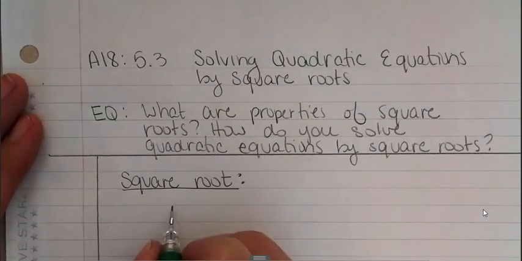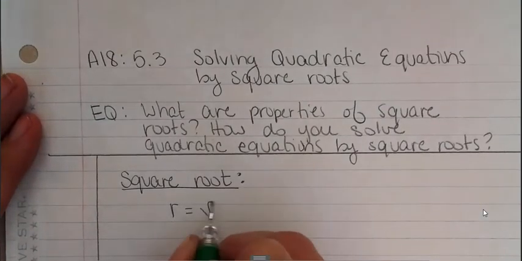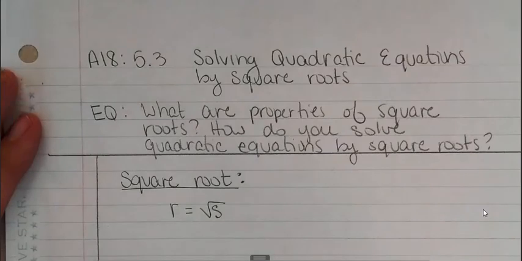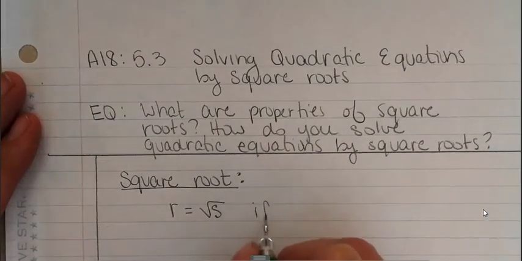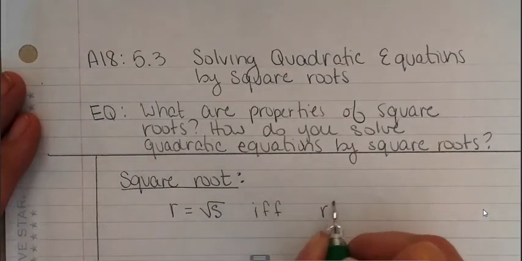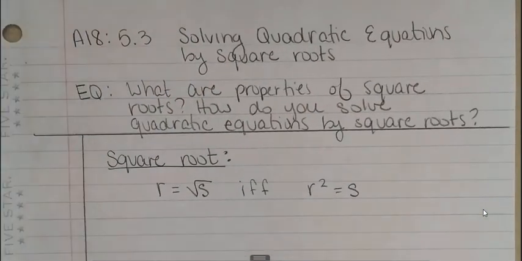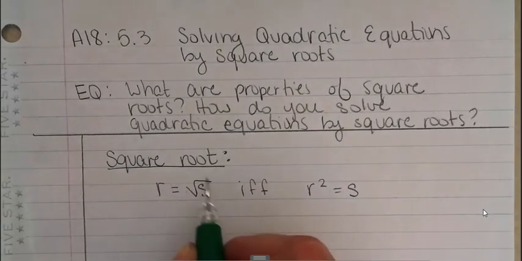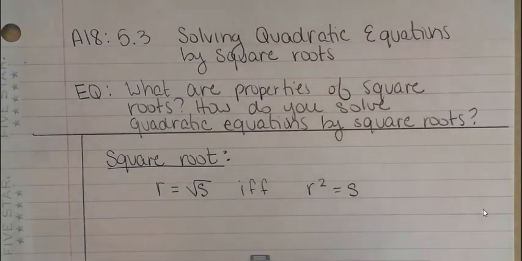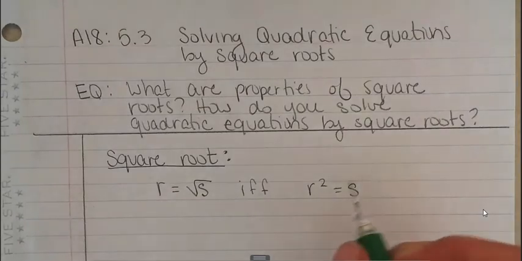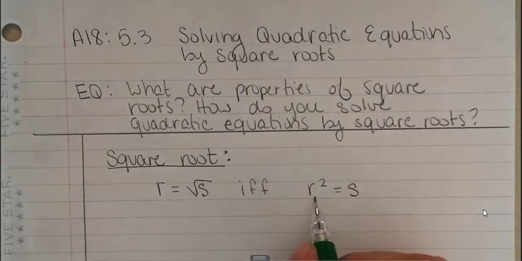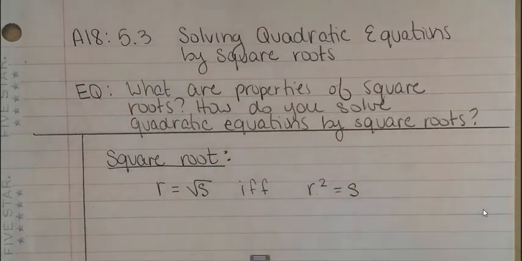Basically, if I have that r equals the square root of s, that is true if and only if r squared equals s. Because I could square both sides and get this. And then the reverse is also true. So if I wanted to get r by itself, I could square root both sides.